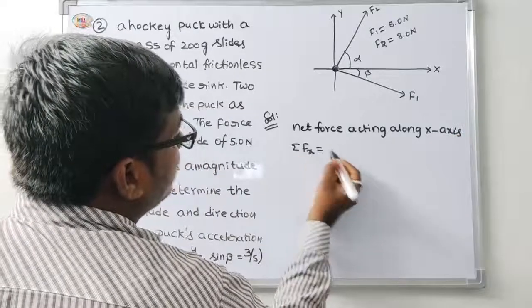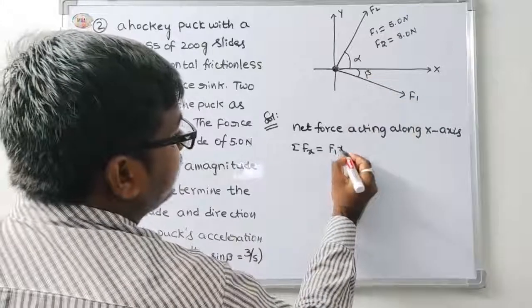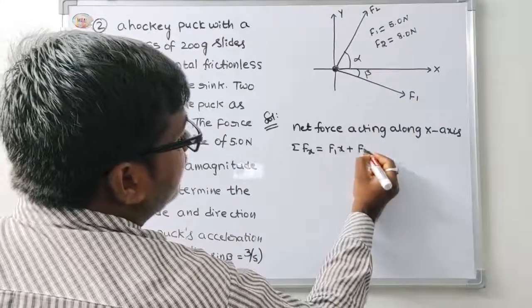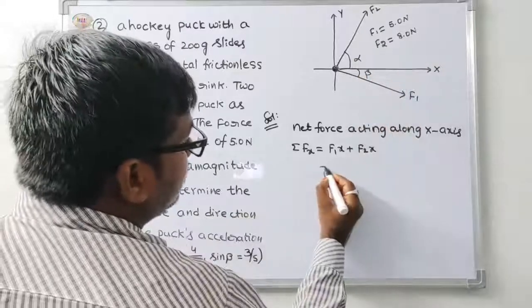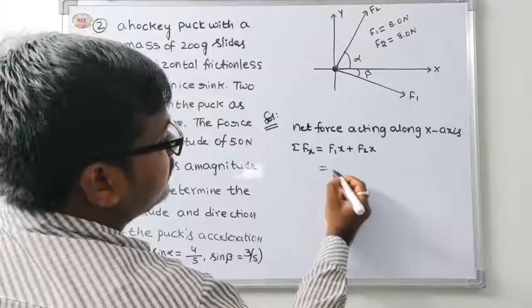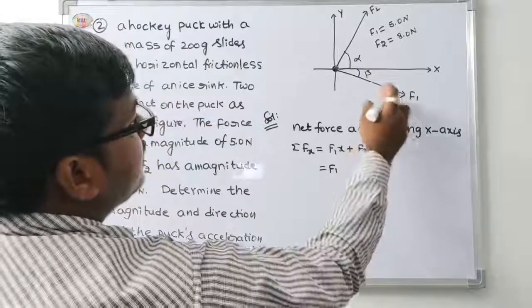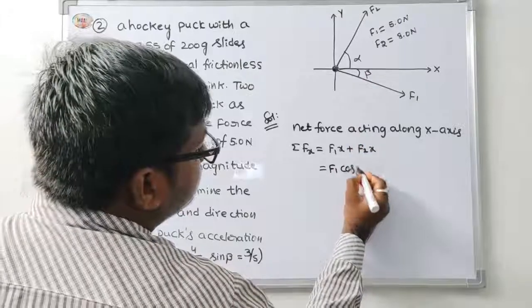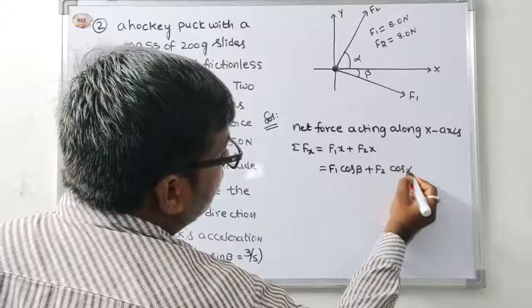Sigma Fx is equal to F1x plus F2x. F1x is F1 cos beta plus F2 cos alpha.